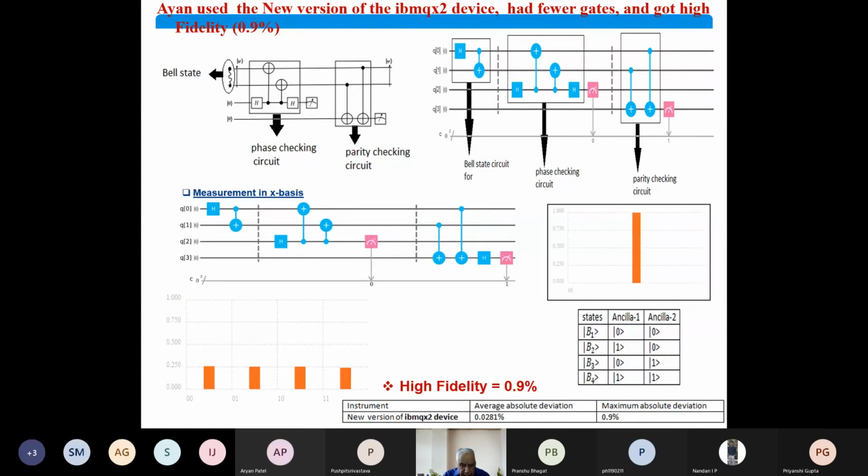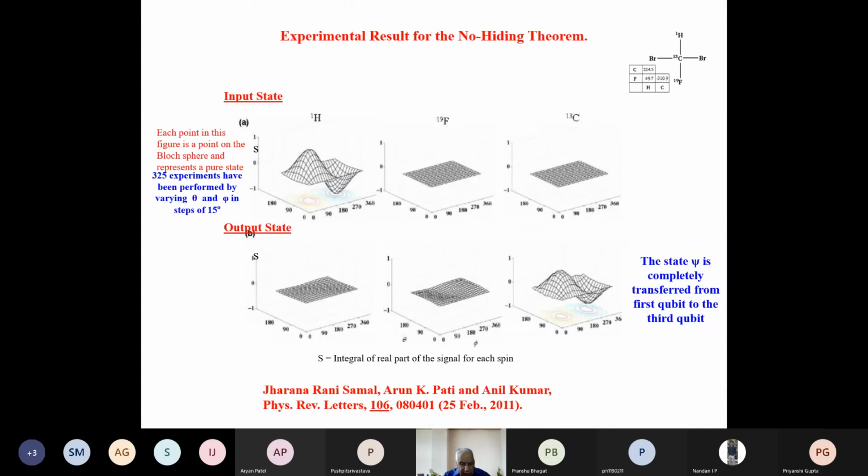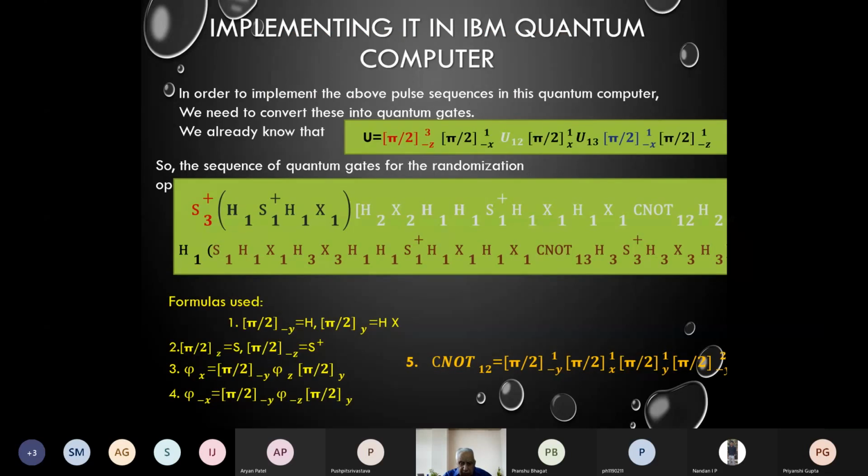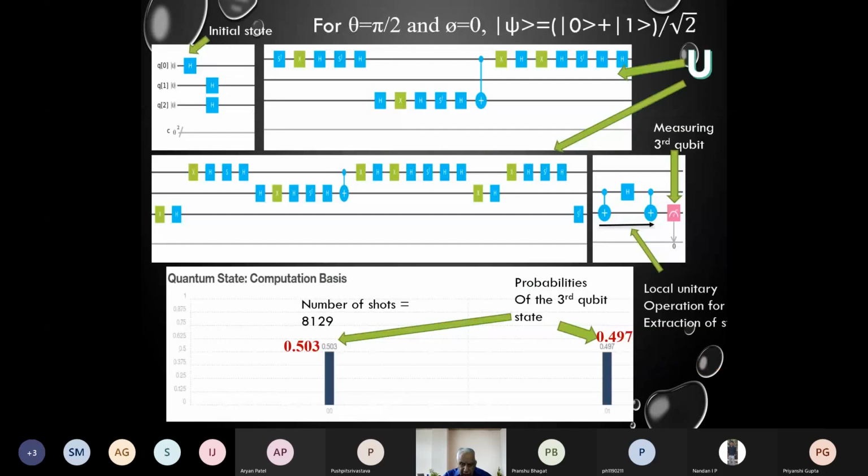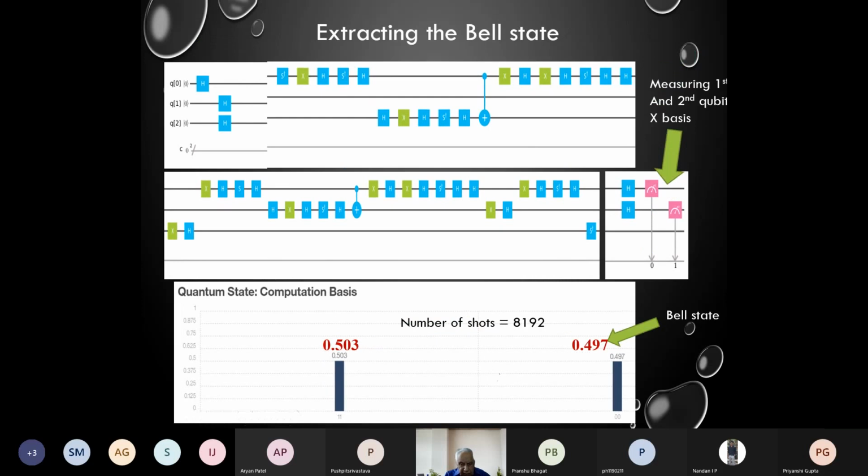So the whole purpose of showing this is to excite you. This experiment for the no hiding theorem was also repeated using this, and the U matrix here is very complicated, but the students were able to work out what exactly has to be done. They found the quantum state computational basis probability of a third qubit state half, and then extraction to Bell state.